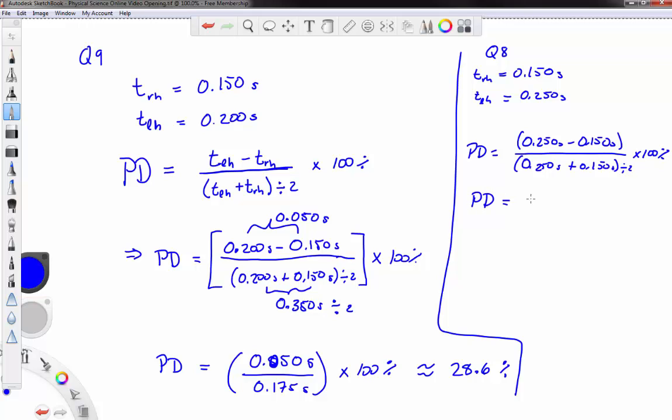So this percent difference, basically you have 0.100 seconds on the top, you have 0.400 seconds divided by 2 on the bottom. That's times 100%.